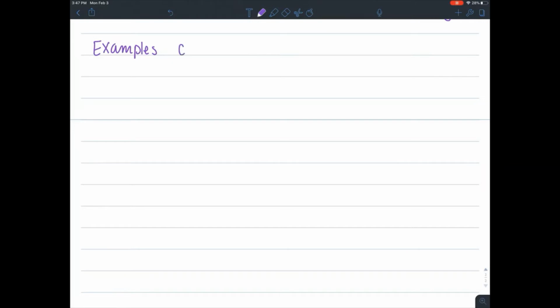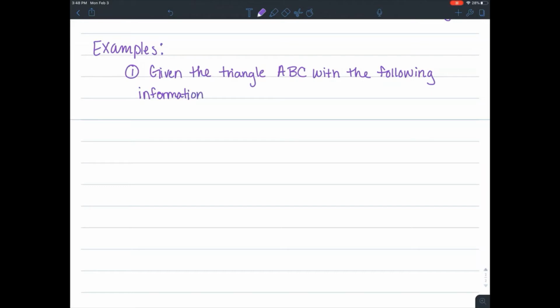Given the triangle ABC with the following information, find the missing parts.